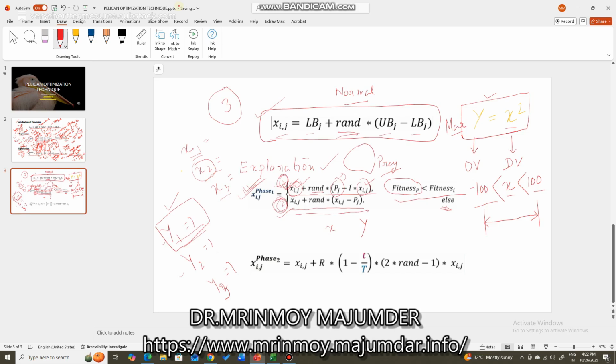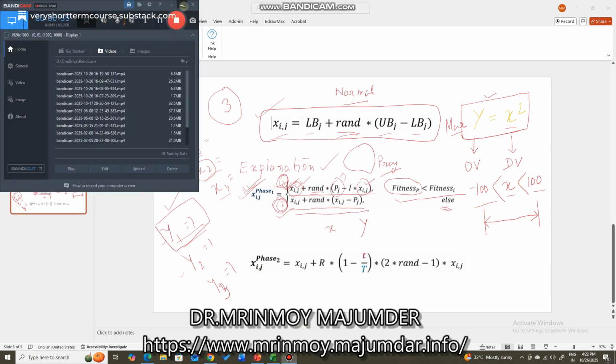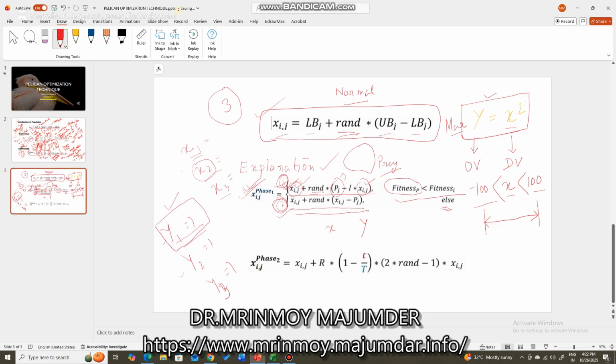Okay, that will be more precise. What I want to say is that if the agent fitness function cannot outclass the prey fitness function, equation 2 will be used. If they have outclassed, then equation 1 will be used.